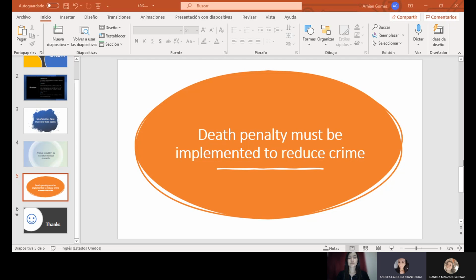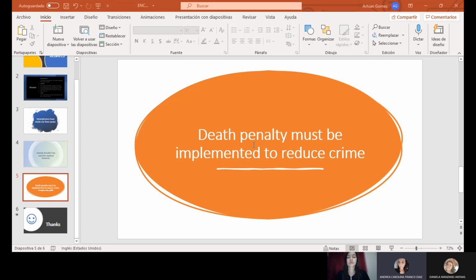I think in that specific case it will work because in this country we can see many cases of child abuse every day. It's like a normal scenario. So I think that the death penalty will reduce the crime rate, and our kids will be safer.